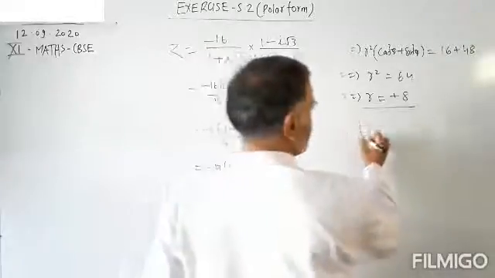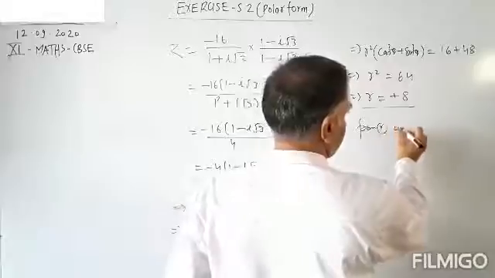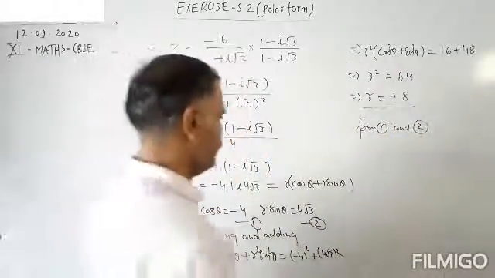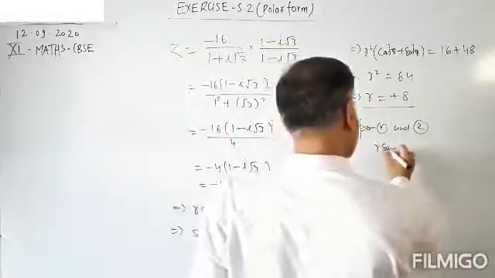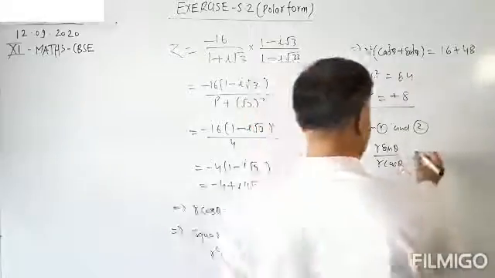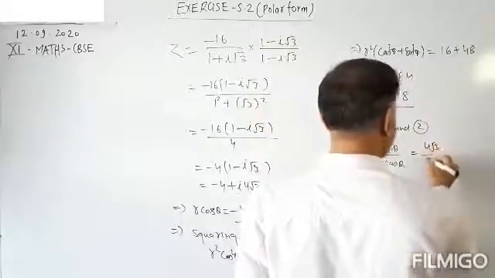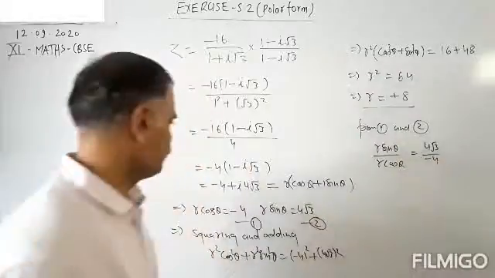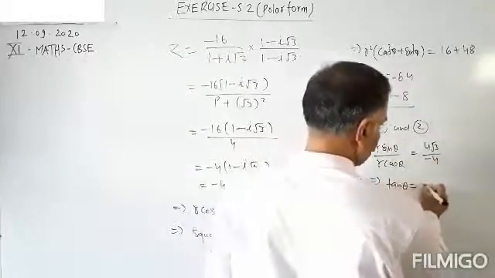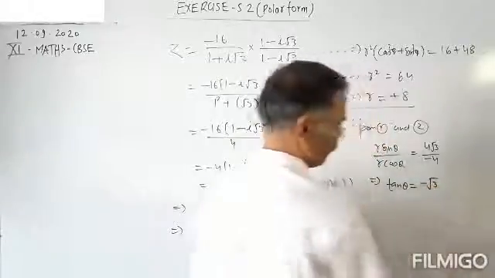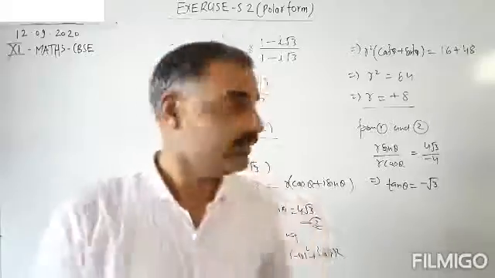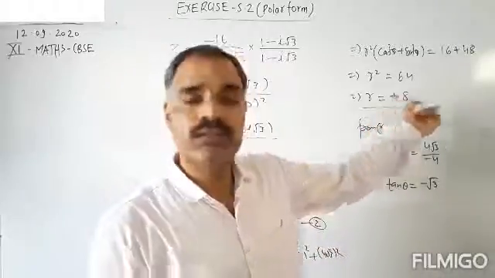So from first and second, r sin theta upon r cos theta equals 4 under root 3 upon minus 4, so tan theta equals minus under root 3. Now we are finding the amplitude. We have already found the magnitude, which is 8.